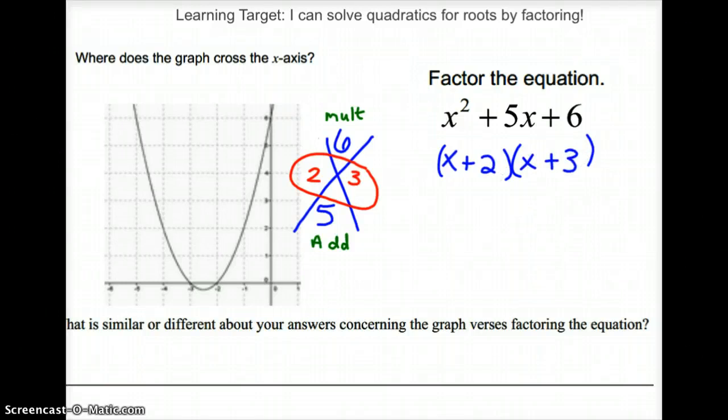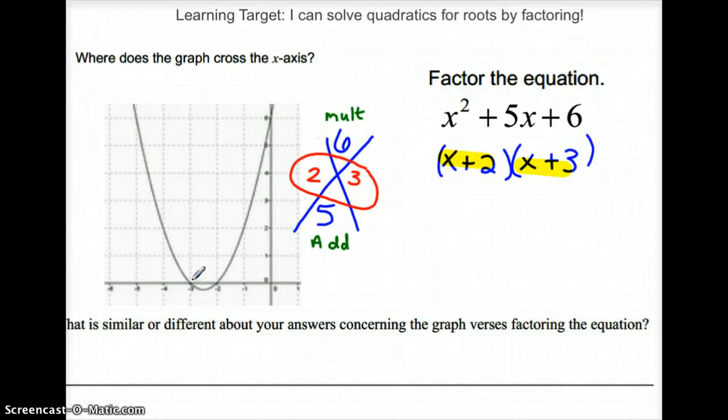Now, take a look at my factored groups here, and this is actually the picture, a graphing of this quadratic expression over here. What do you notice? Now, I understand it's kind of hard to read. It's kind of blurry when I copied it over. But here's what I want you to notice.